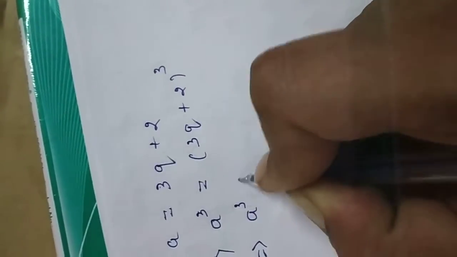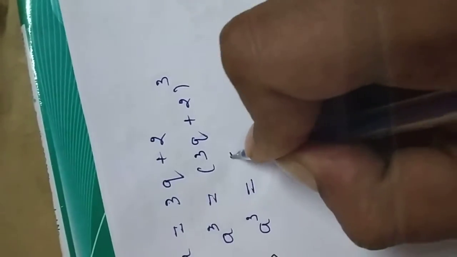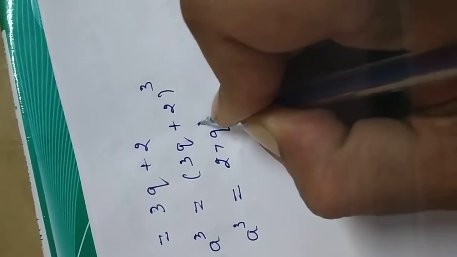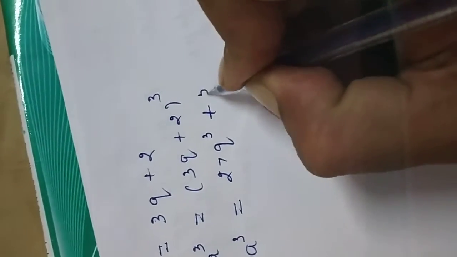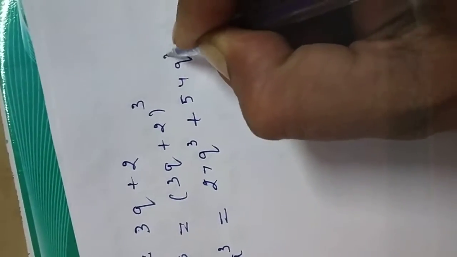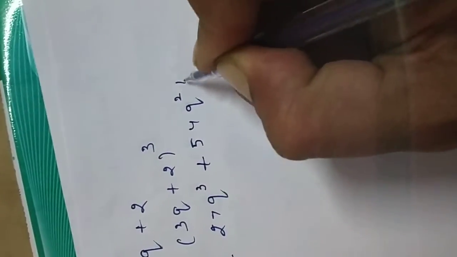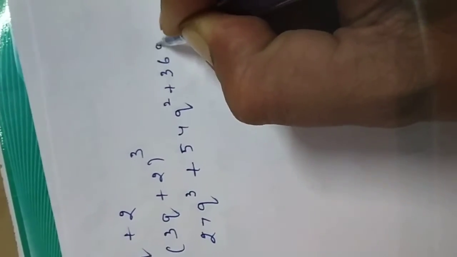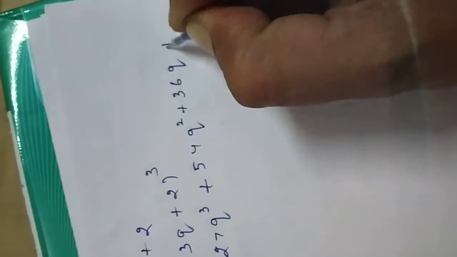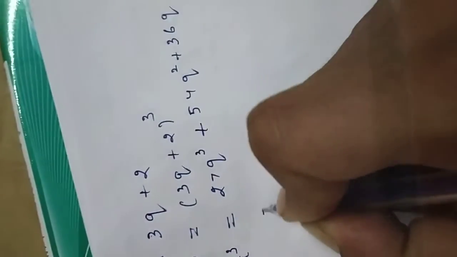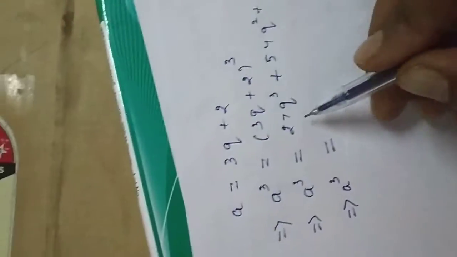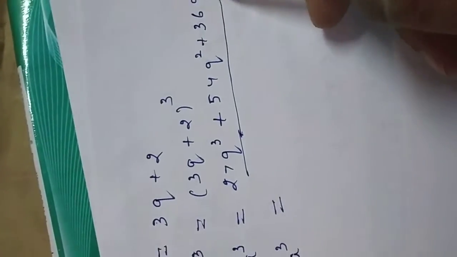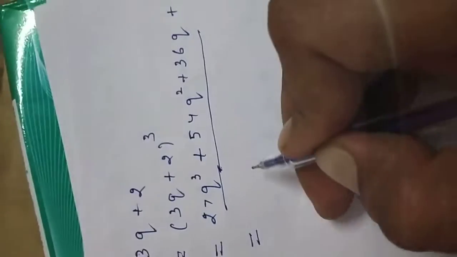a cube is equal to, now open it, 27q cube plus 54q square plus 36q plus 8. So from the first three entries we can take common 9.